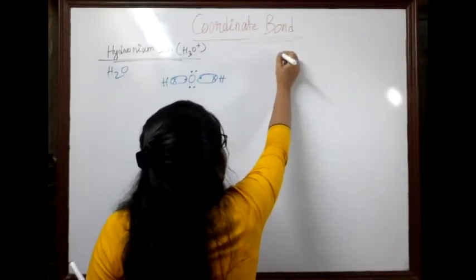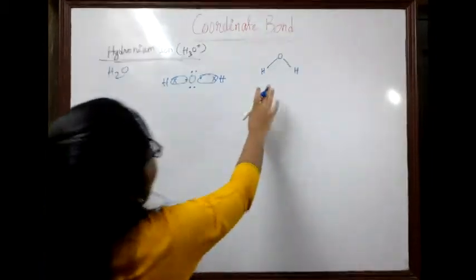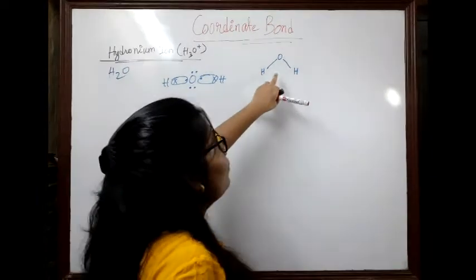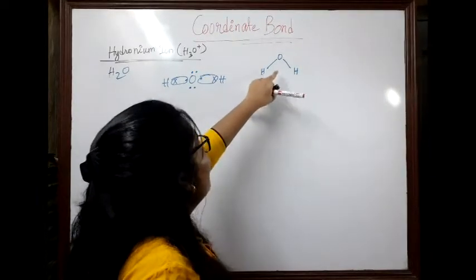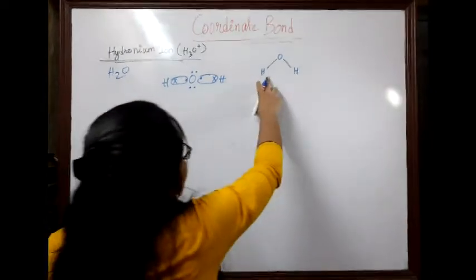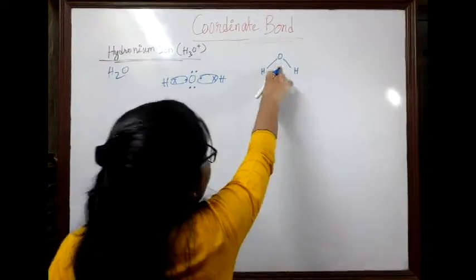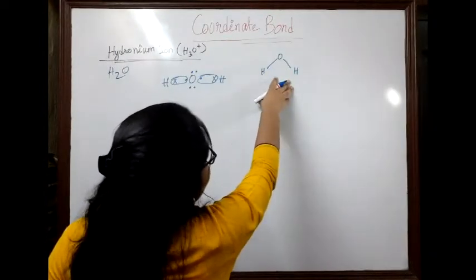We can write the water molecule like this. Why? Because the water molecule is a polar molecule. Why is this a polar molecule? There are electronegativity differences. The electronegativity difference of hydrogen and oxygen is very high, so this is a polar molecule.